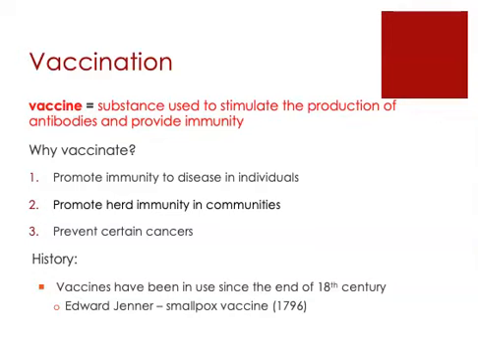We give credit to a man named Edward Jenner for the production of the first widely used vaccine. It was a vaccine against smallpox, and it was developed in 1796. Vaccines have probably been in use much longer than that.